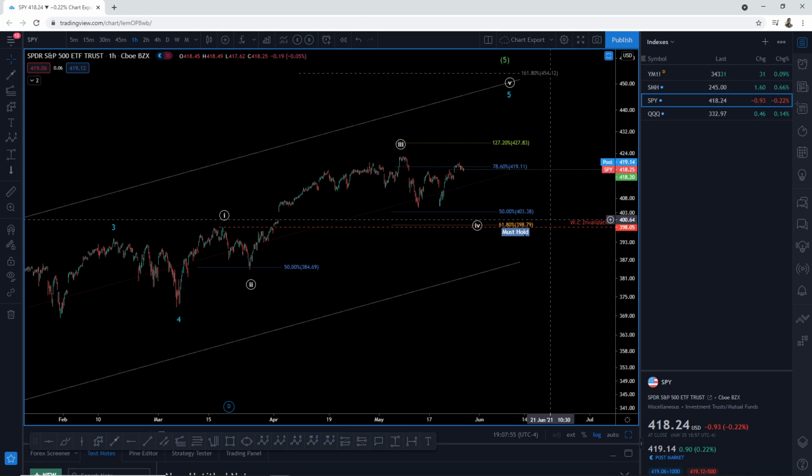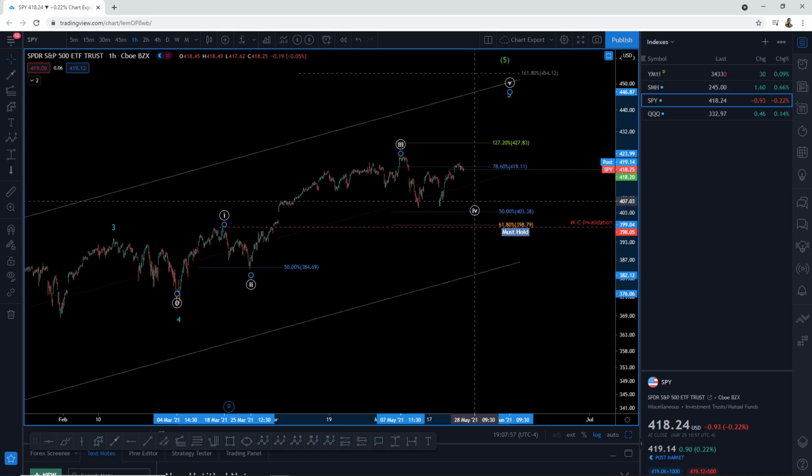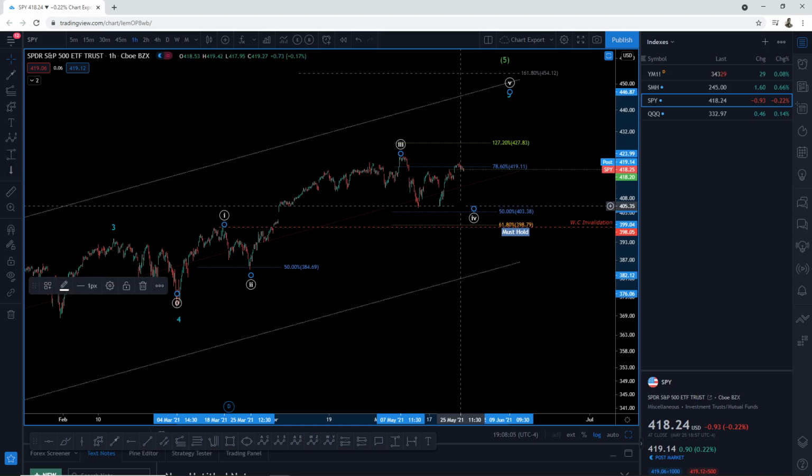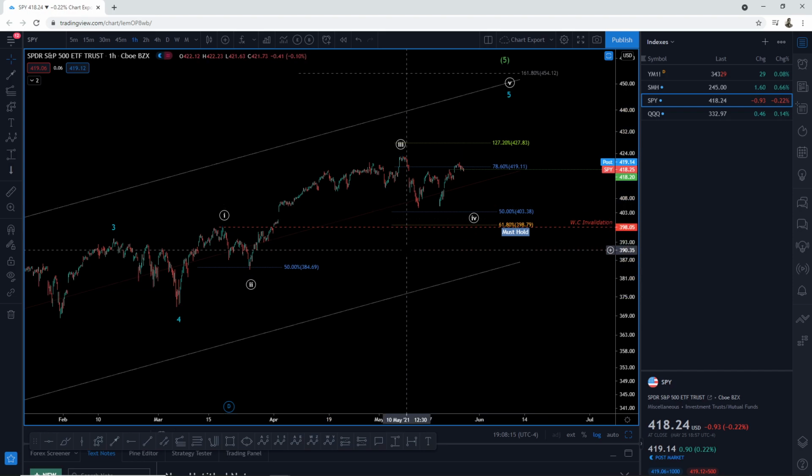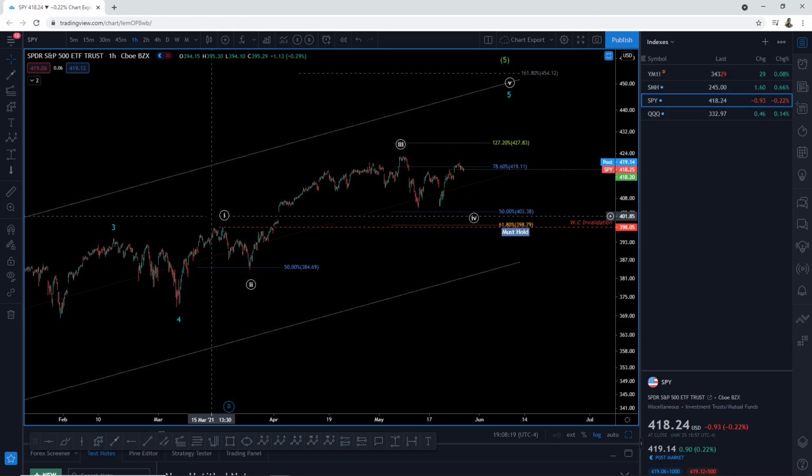Interpretation number 1 still suggests that we are still here at this lingering sideways, boring wave 4 correction. And this wave 4 correction is designed by nature to be pretty choppy and pretty boring, if you will. So the guideline of alternation is clearly at play. Wave 2 was spot on, a sharp correction, as you see here, ABC.